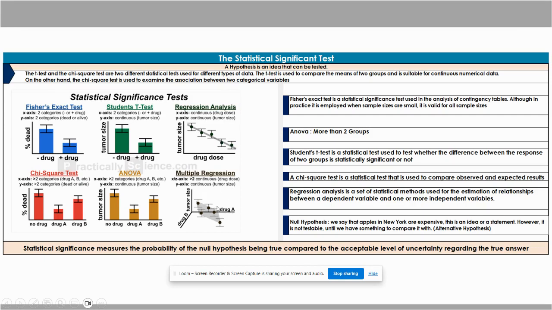So based on your drug consumption, your tumor size is reduced. That's why it always does an estimation of the relationship between the dependent variable and one or more variables, how it is impacting, the cause and effect.